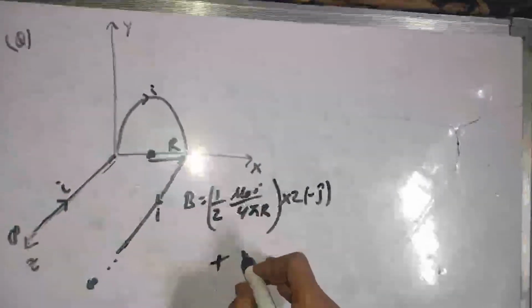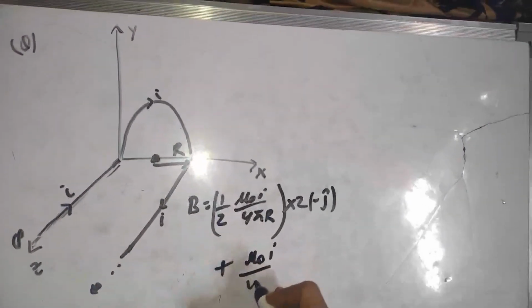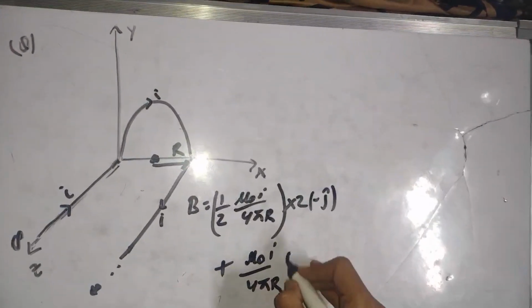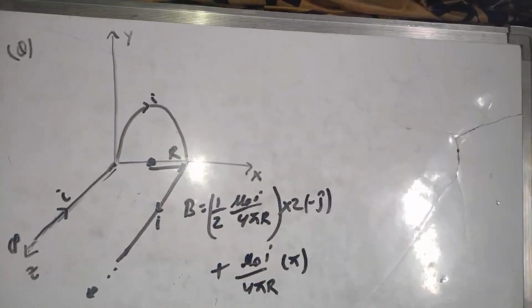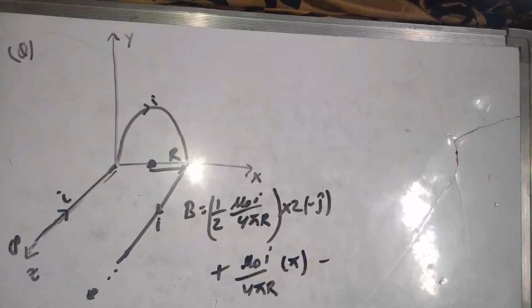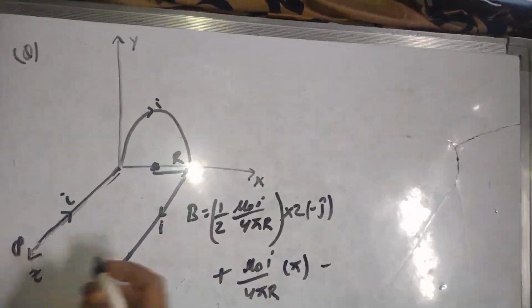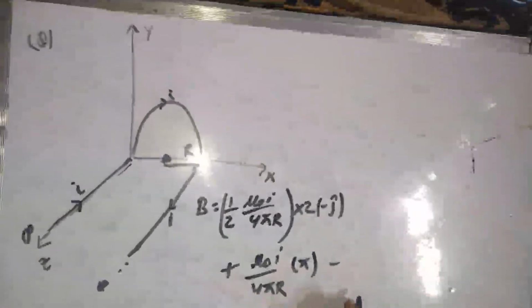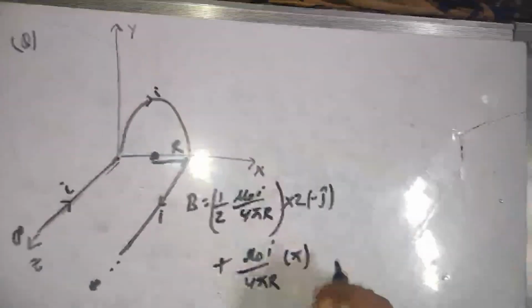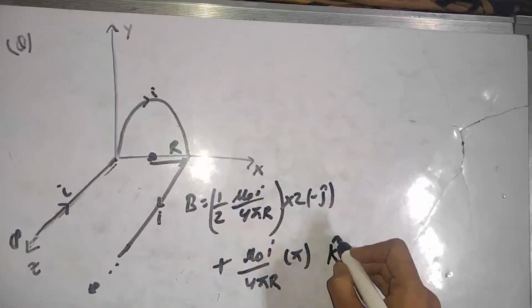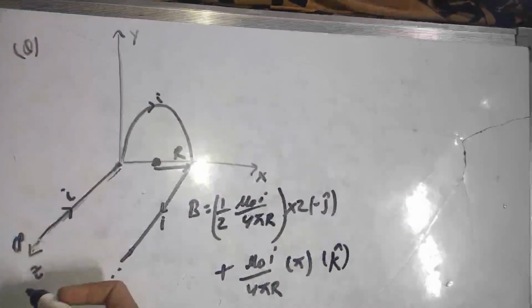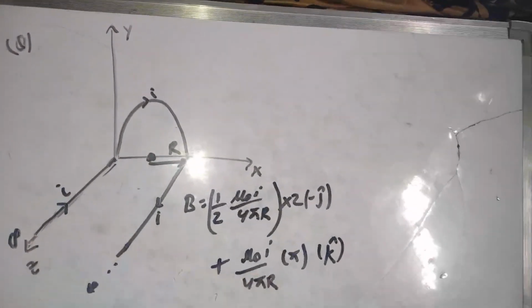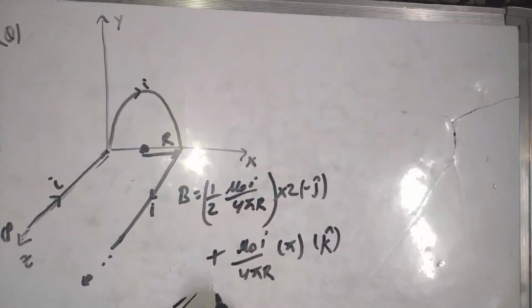and the magnetic field because of this semicircular arc would be mu naught I upon 4 pi r, and the angle is pi, and the direction is minus k cap. Direction is this is minus j. Direction is k cap because the direction of k is not defined. This can be positive or minus z, that does not matter. So we can find this simply.